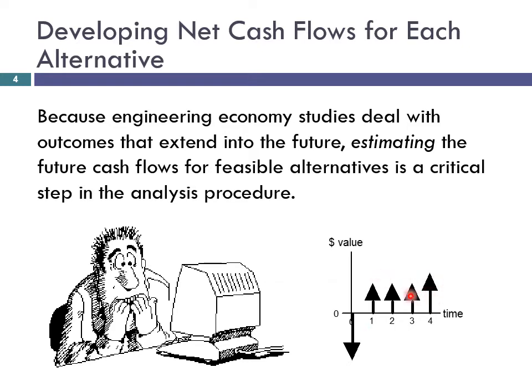A larger arrow means a larger earning. And this line is the time axis. So 0 means the current time. 1 means, for example, after 1 year, after 2 years, after 3 years. These represent the periods of time, and the downward and upward arrows show you the payments and earnings and their amounts.